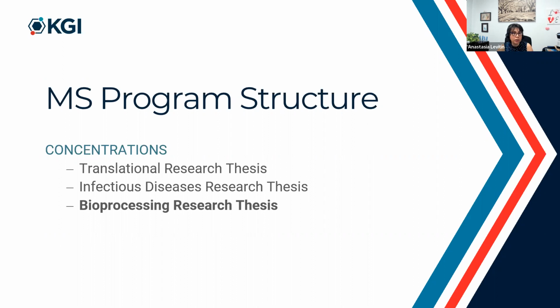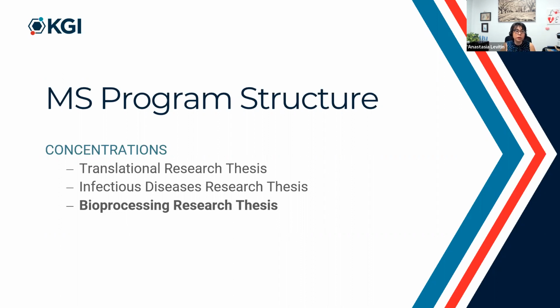Bioprocessing research concentration, bioprocessing and scale up of what has been discovered. So for example, if an antibody or a vaccine is discovered, it needs to be produced in mass quantities of the purest quality, and that's what bioprocessing is in charge of.